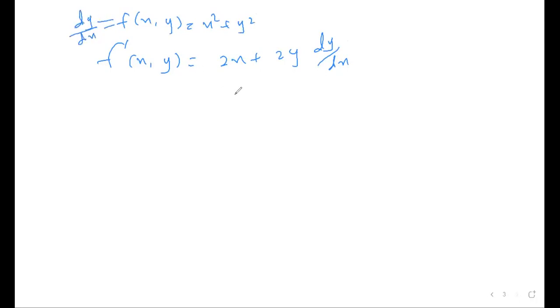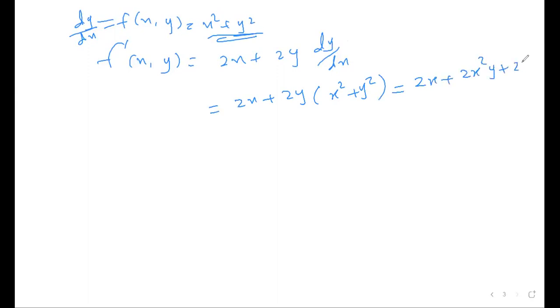So wherever dy over dx comes, we can substitute the original equation, x squared plus y squared. Can you simplify this? 2x plus 2x squared y plus 2y cubed, isn't it? Is that correct?